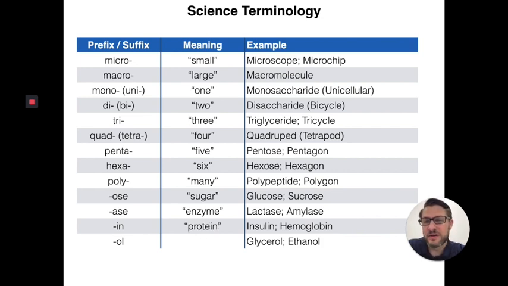Then one that we saw but didn't specifically point out is the ending in is actually used to denote a protein. So a lot of protein names end in in. So insulin or hemoglobin are both proteins that your body produces. Then finally we have ol. This is representative of an alcohol. So the example we saw was glycerol, which is the backbone of a triglyceride.